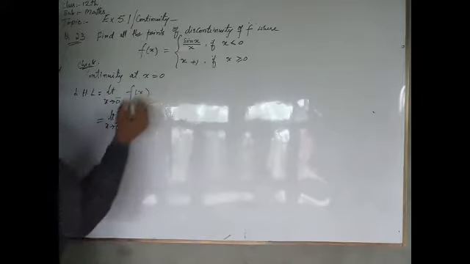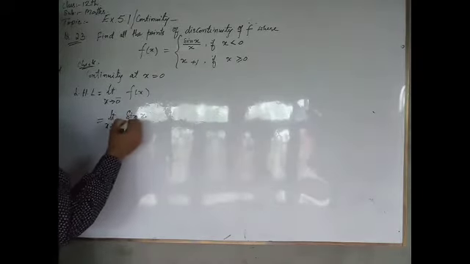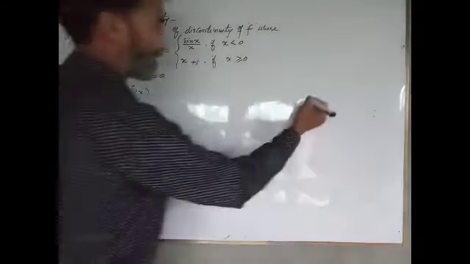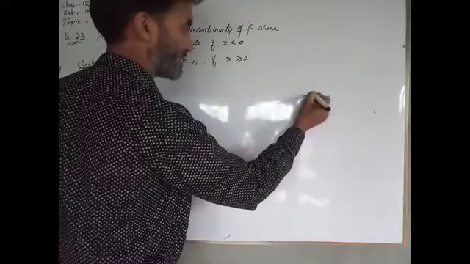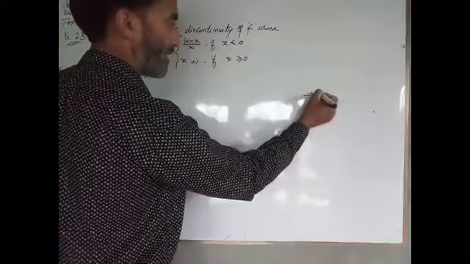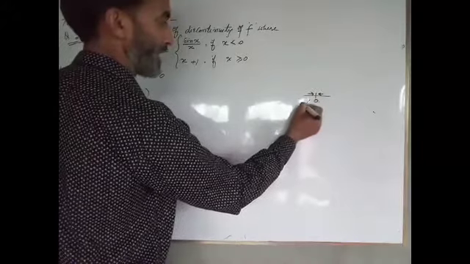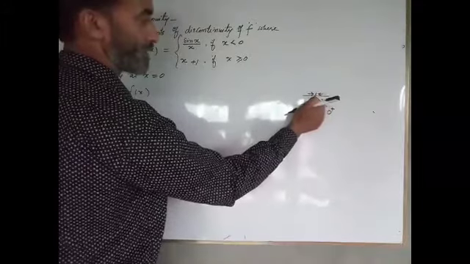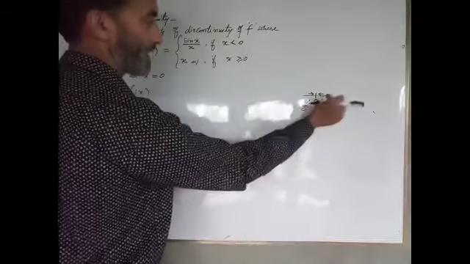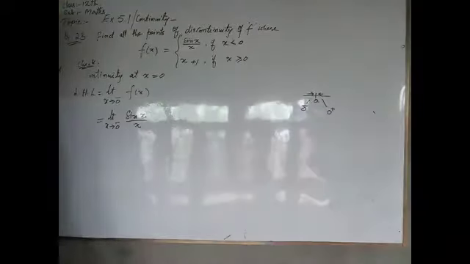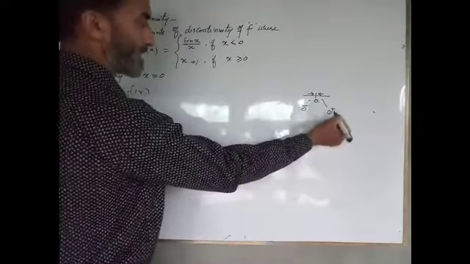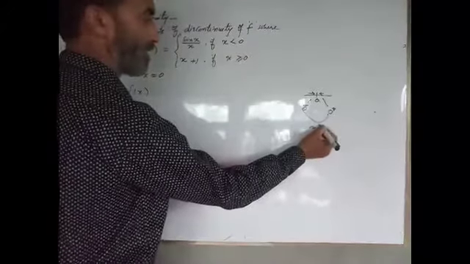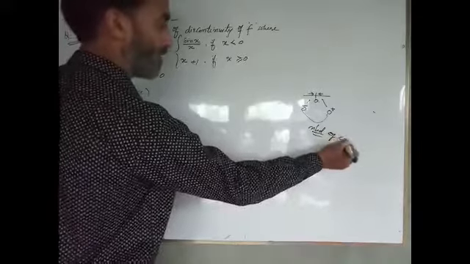We select the function sin x divided by x because we are looking at the neighborhood of x, from the left, 0 minus, and from the right, 0 plus. The point is approaching closely to 0 from the left side and approaching closely to 0 from the right. This is known as the neighborhood of 0.